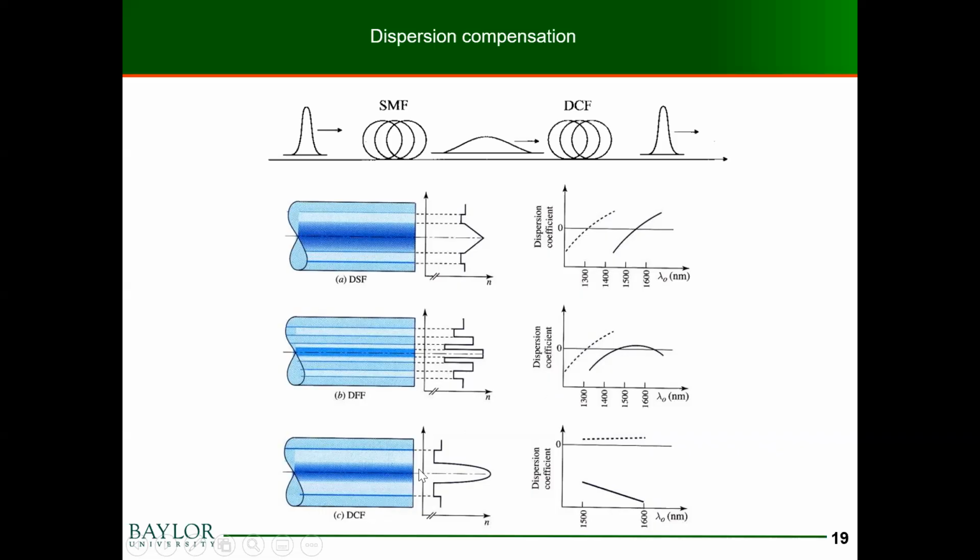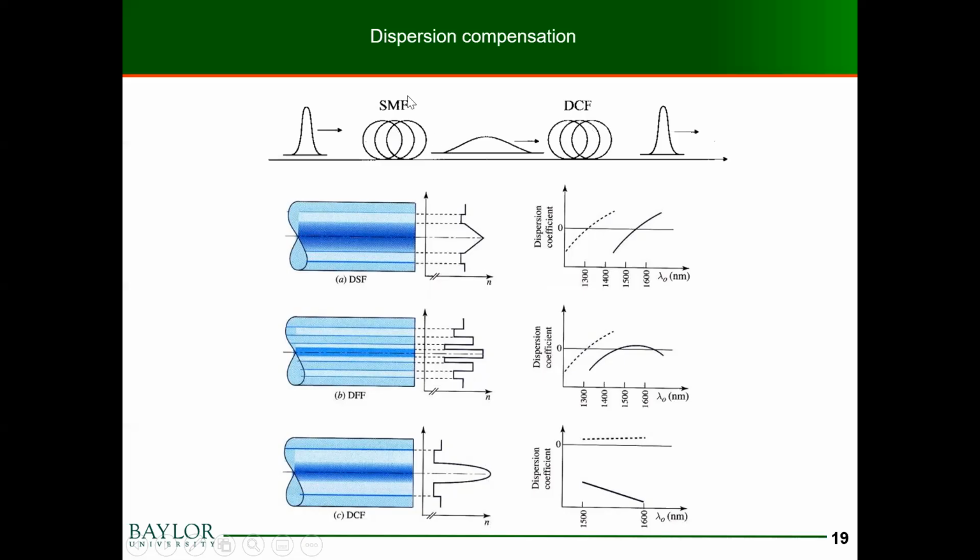This is a dispersion compensated fiber. One can have some weird shape again. We can have very opposite dispersion, but one is way greater than the other, so that for something like 10 kilometers here, maybe we need just 1 kilometer of dispersion compensation.